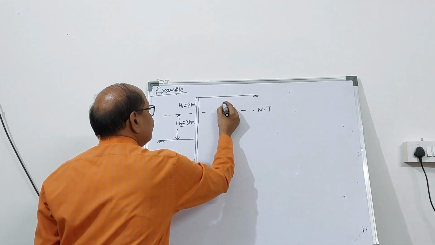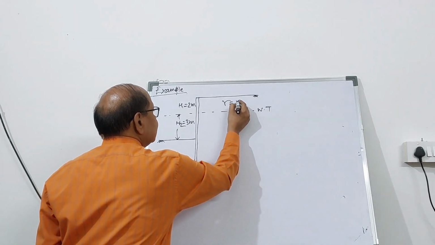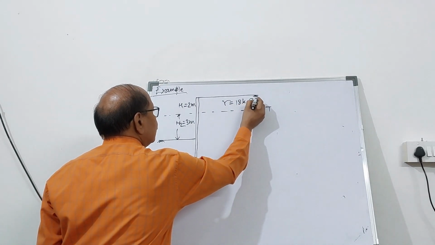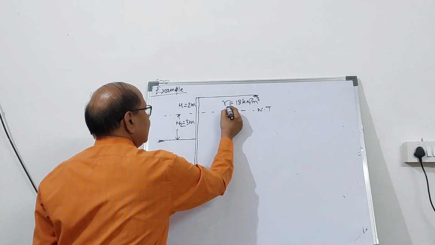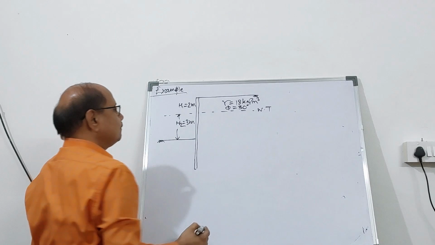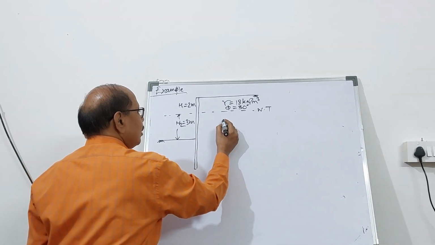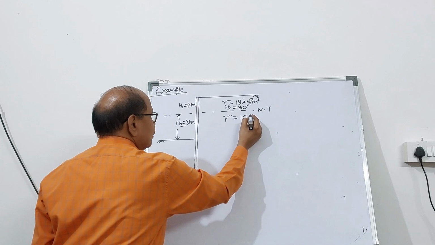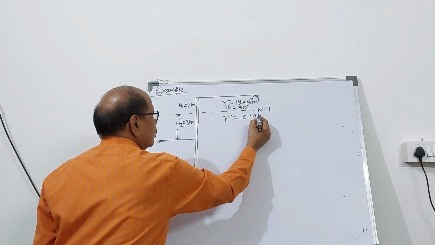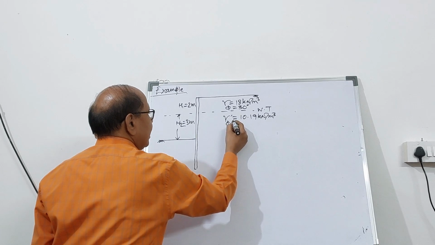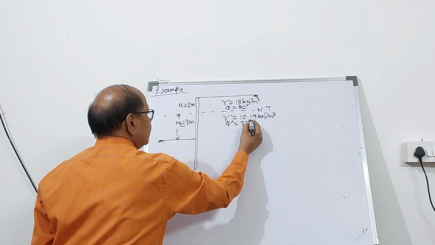The gamma above the water table we had taken as 18 kilonewton per meter cube, no change, and phi is going to be 30 degree. And below the groundwater table, gamma prime we had taken as 10.19 kilonewton per cubic meter, and phi prime equal to 30 degree.